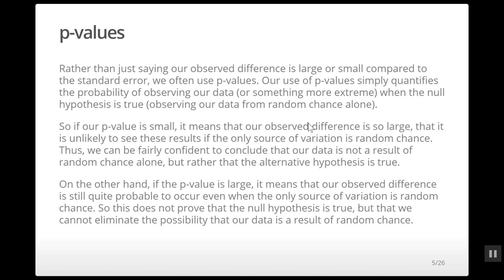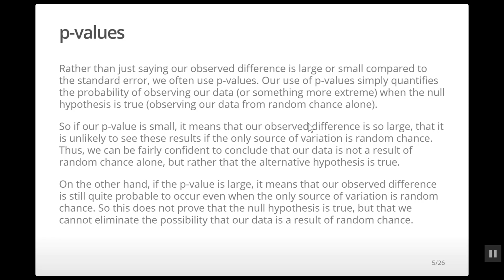So if I'm flipping coins and I flip the coins 100 times, I would expect to get around 50 heads and 50 tails. If somehow I observed 99 heads and 1 tail, technically it's possible to get that from random chance alone, but it's so incredibly unlikely, we would call that practically impossible.